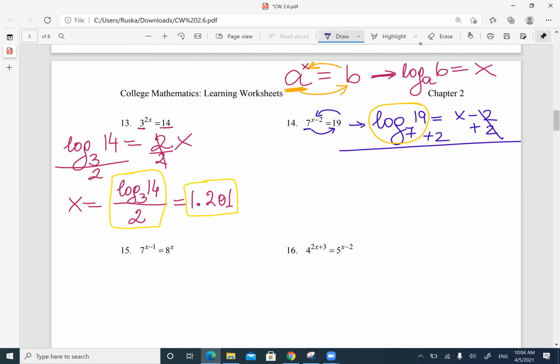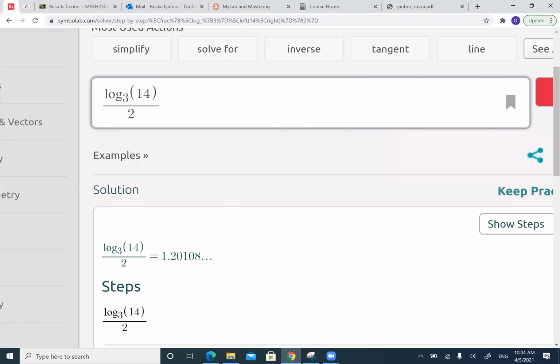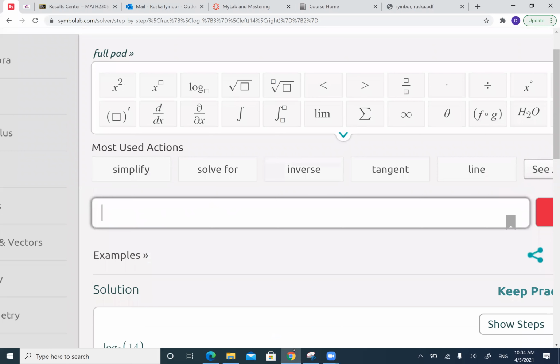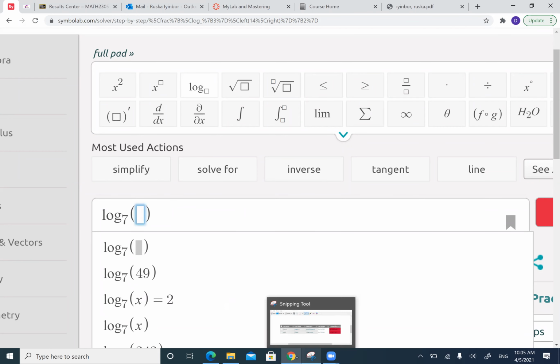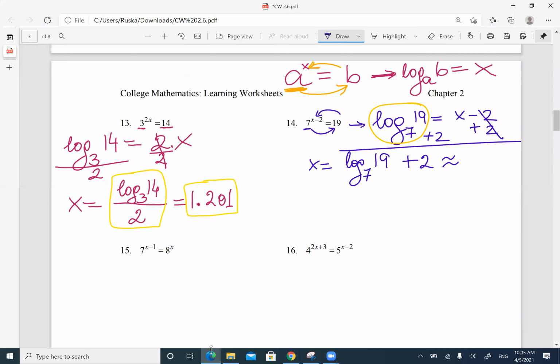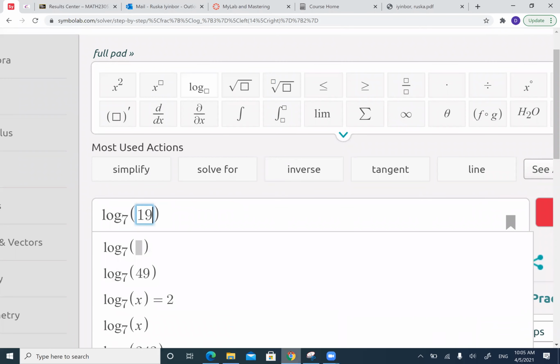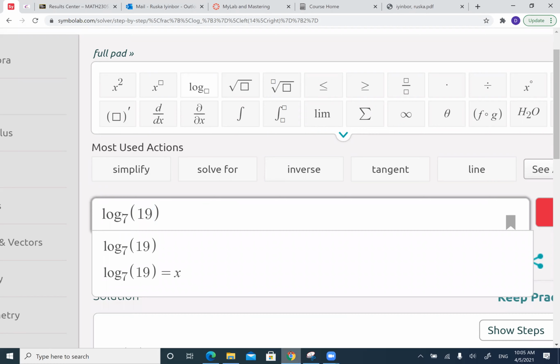So it's going to be x equals, I'm just going to copy everything, the logarithm, just keep it like this. It's one number. And then plus 2 outside. Okay? And then you can plug that in the calculator and you're going to see what it is. So the way to plug it in is log base 7 of 19, plus 2 outside, right?